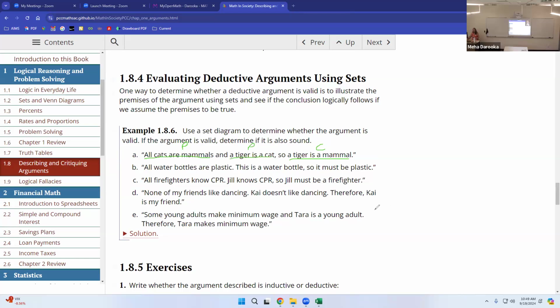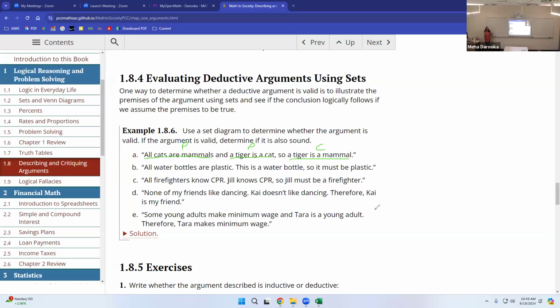Okay. So how are we going to do Venn diagrams based on those two premises? Remember, with Venn diagrams we have those circles put together. So if we had to do a Venn diagram, what would our two circles comprise? Cat, tiger.